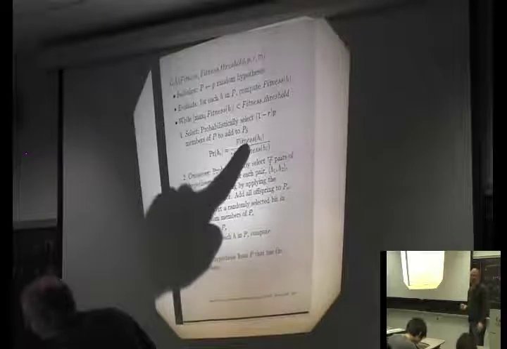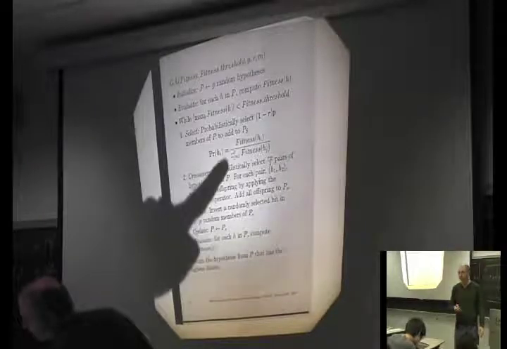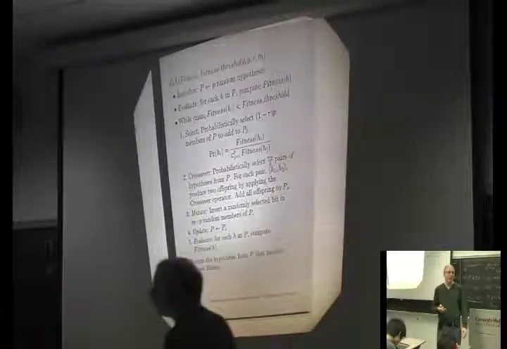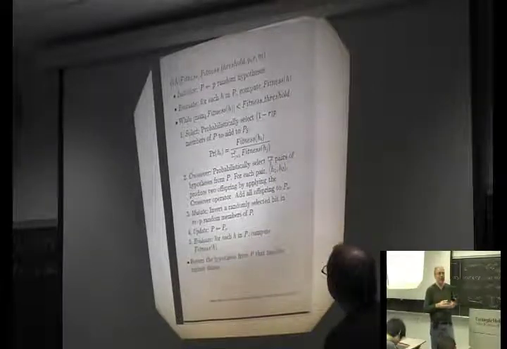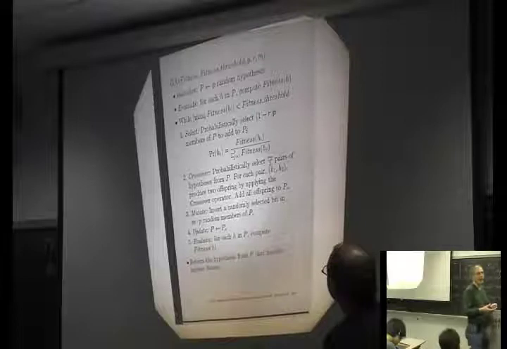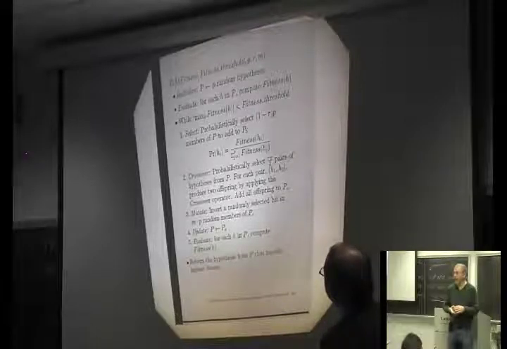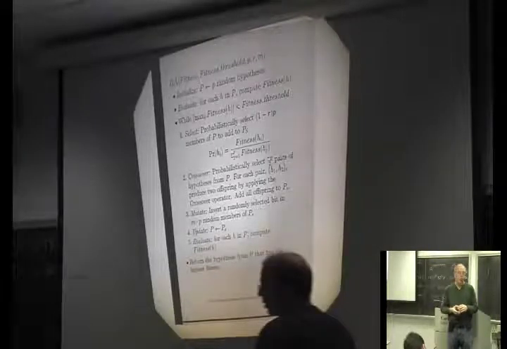Just to give you some numbers, the mutation rate in creatures like us is about 10 to the minus 9. That means every particular position in the DNA has a chance of 1 in 10 to the 9 of being changed.